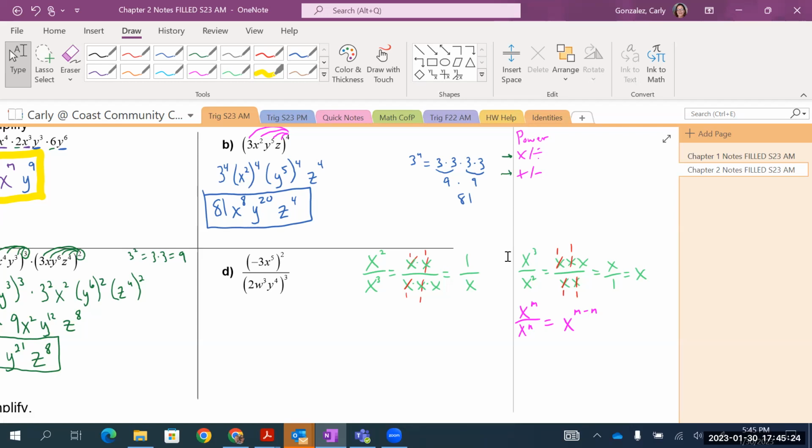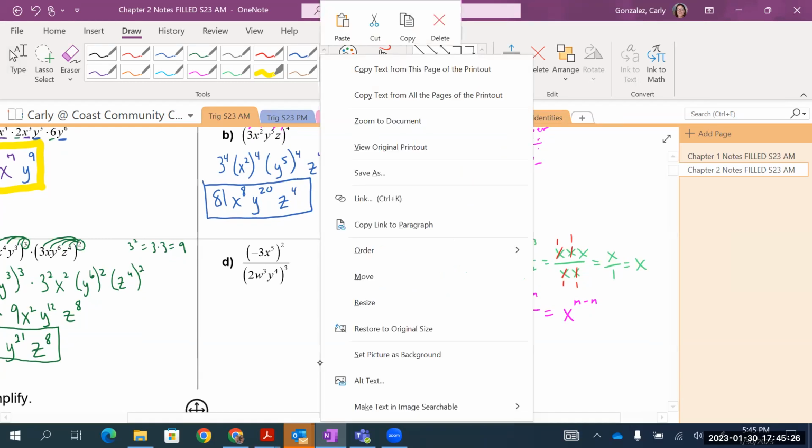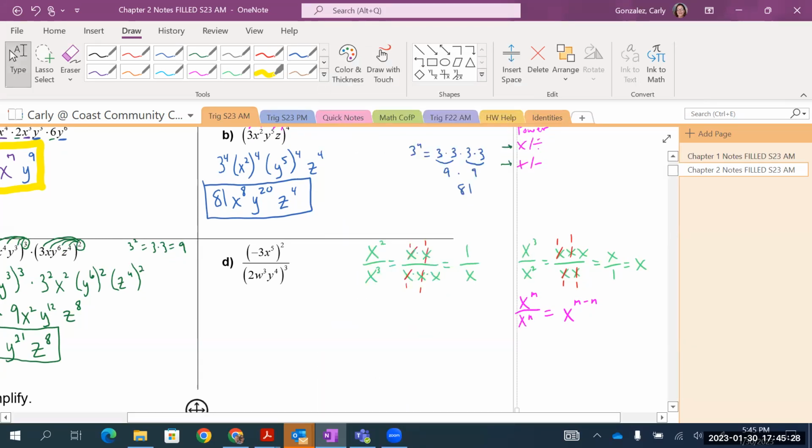So let's put this into practice. We're going to take the quantity -3x to the 5th, all raised to the 2nd power, divided by the quantity 2w to the 3rd power, y to the 4th power, all of that raised to the 3rd power. So first step, we will bring in our powers.